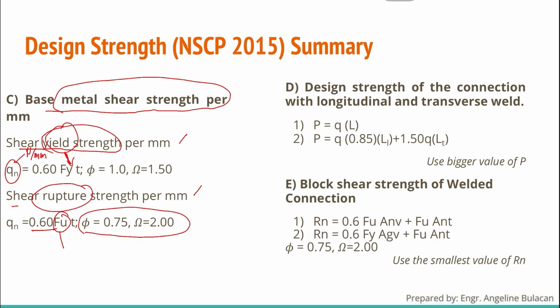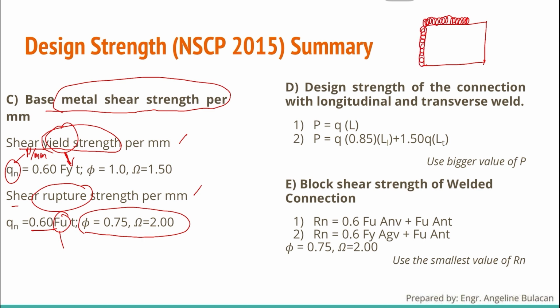Then, the design strength of the connection with longitudinal and transverse weld. When we say longitudinal, for example, we have a plate, then it is connected by welds. These are the welds.